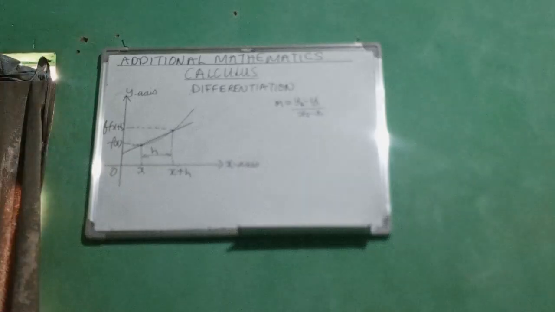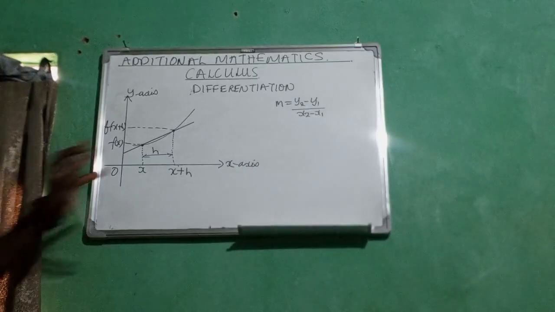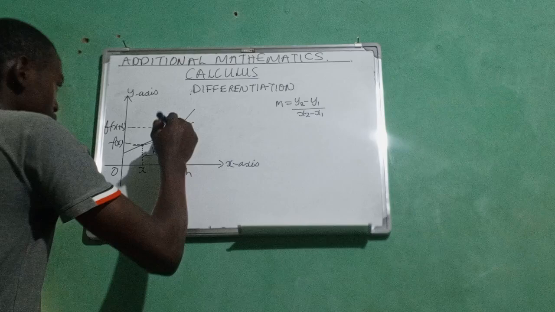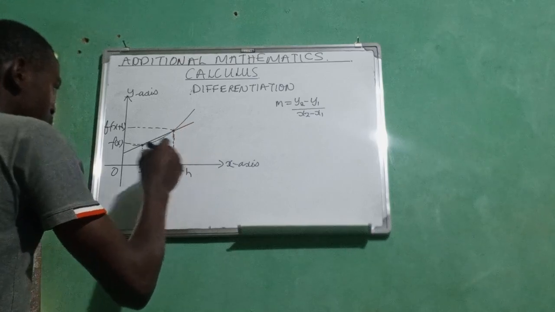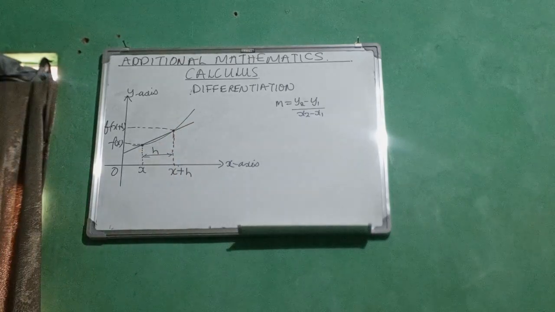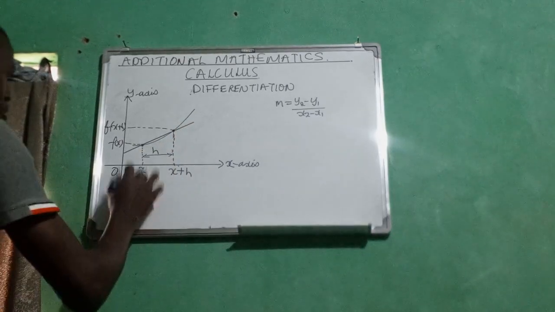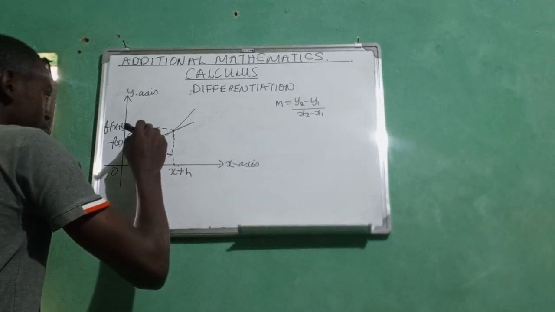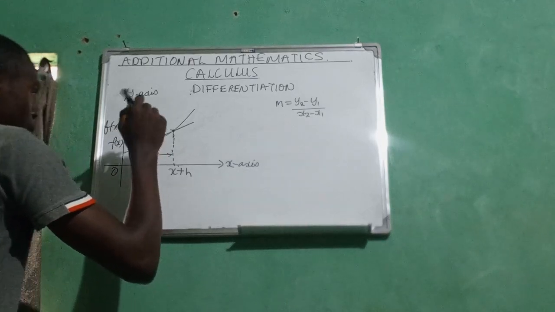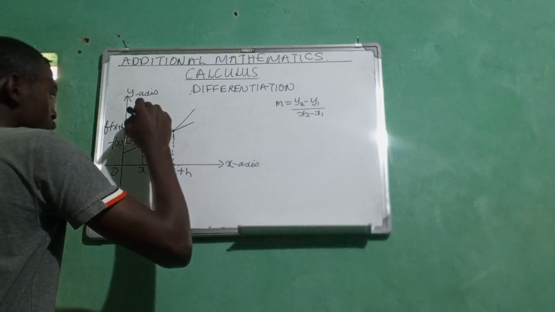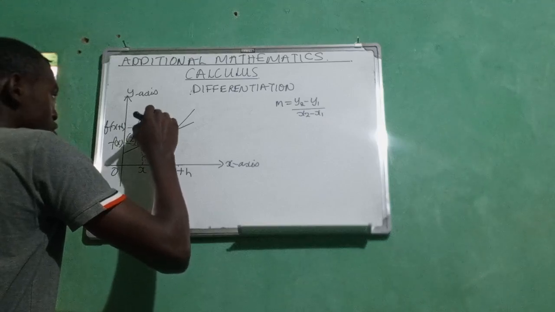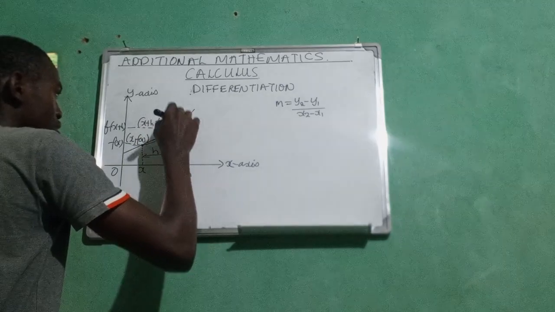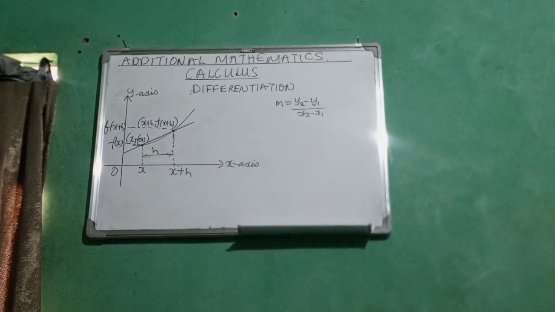This line passes through those 2 particular points. This point has coordinates x, f of x. Then here it is x plus h, f of x plus h.